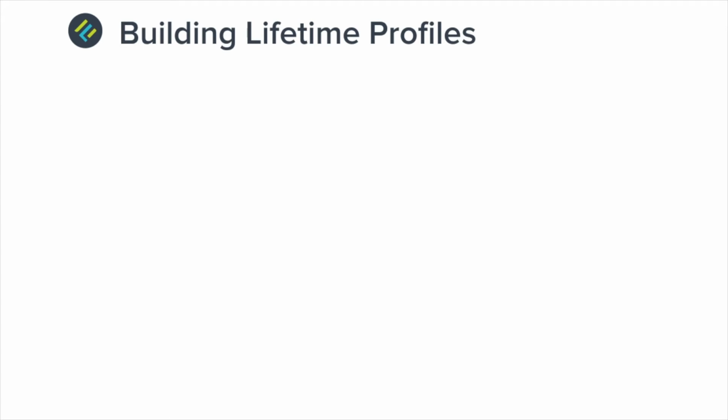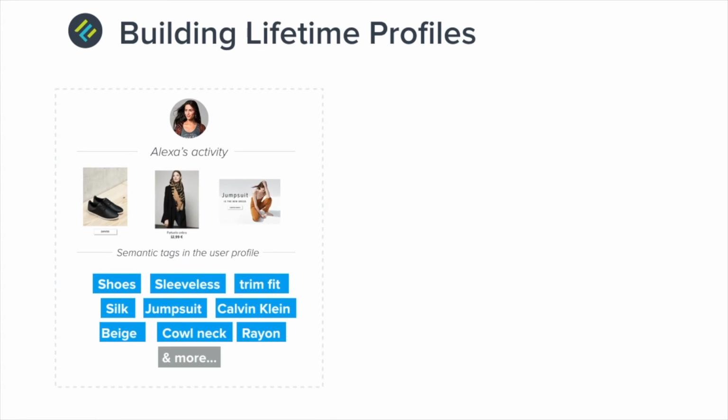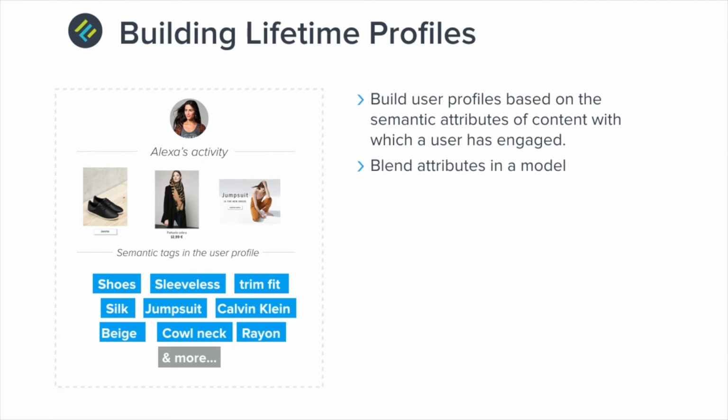So when you're going about building lifetime profiles, I thought we'd illustrate what we do with Jetlore and its technology, to represent the state of what can be done. If you take a look at this example of a profile, Alexa's profile, you have a category represented by the shoe image, you have a product, you have a banner, the jumpsuit image, you can have other sorts of information as well. And what you do is you can extract the attribute level data.